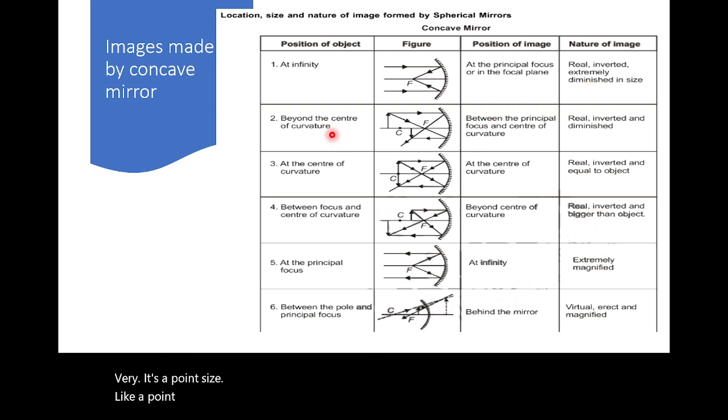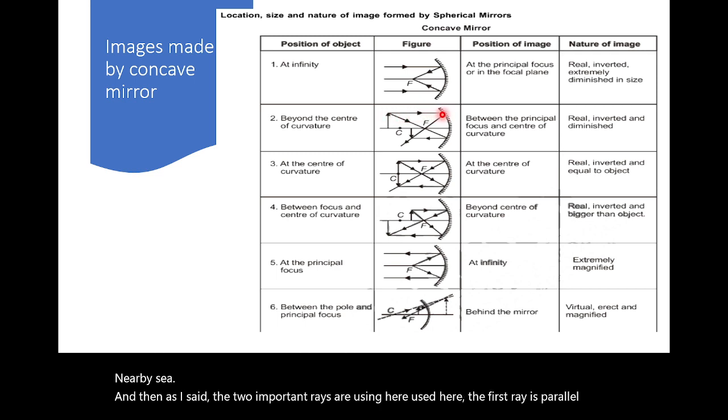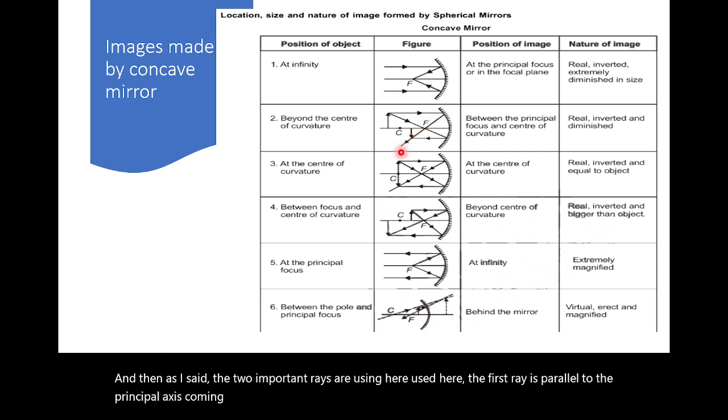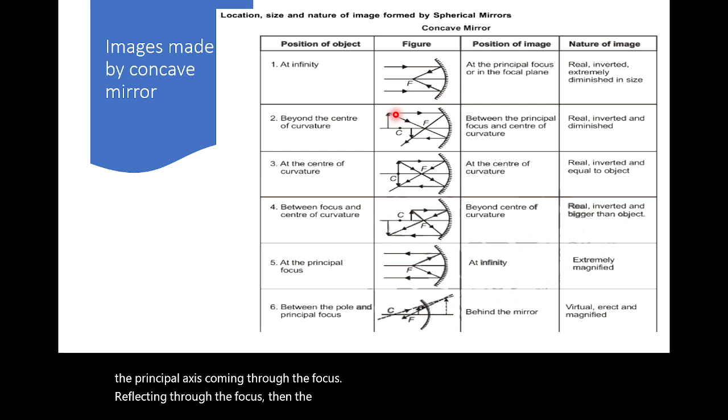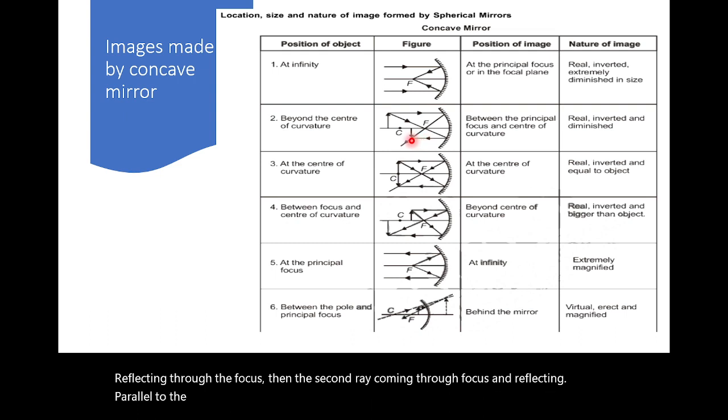Now, number two, when the object is beyond C, you can see the object is nearby C. As I said, the two important rays are used here. The first ray is parallel to the principal axis, reflecting through the focus. Then the second ray coming through focus and reflecting parallel to the principal axis.